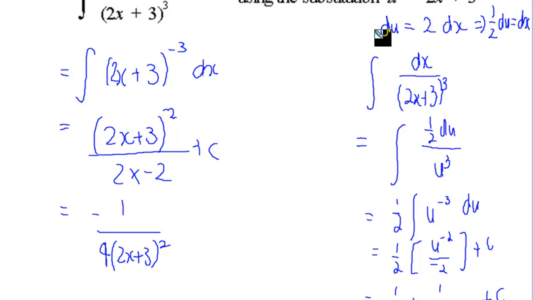So in this one here, we have, again, a substitution of 2x plus 3. So we get du is 2 dx. And because it's just got the dx there, we get that by itself, and that's a half du. Which means that when we do this here, the dx would be a half du. And then we have it over u cubed, and so that becomes u to the power of minus 3.